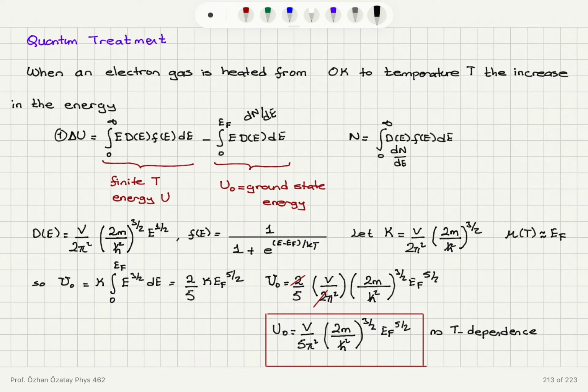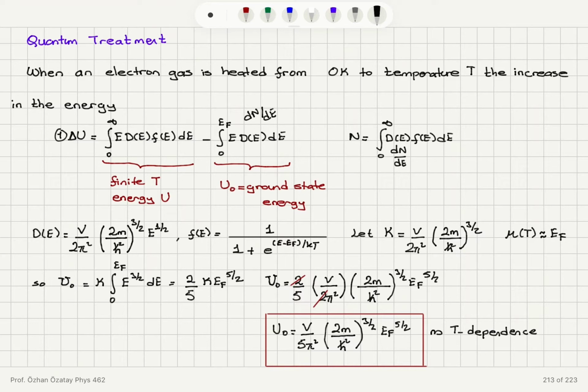And we define this constant in the density of states as the proportionality constant K, where the energy dependence is E to the 1/2. K is V over 2 pi squared, (2m over h bar squared) to the power 3/2. And the ground state energy, therefore, will be the integral from 0 to E Fermi of E times dN/dE dE.